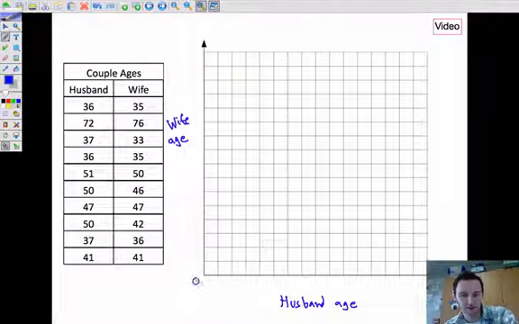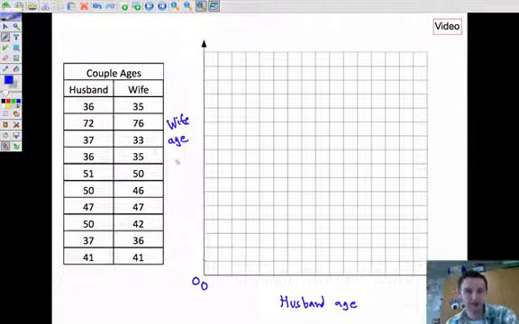And we always have to start at 0 on both. And then let's see, we could probably go by like 8s or so, keeping in mind that our highest value is going to be 76. So let's kind of go by 8s for both. So we'll go 8.